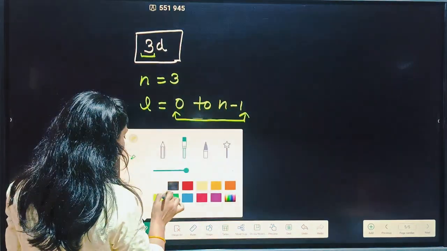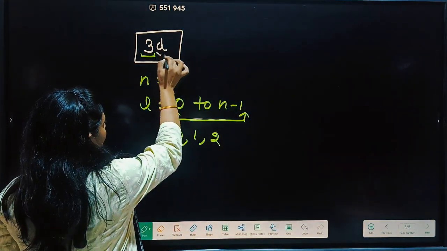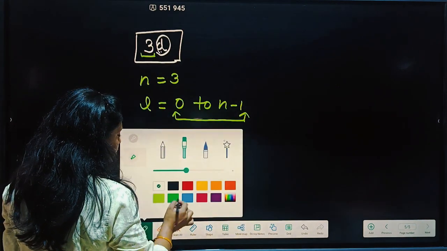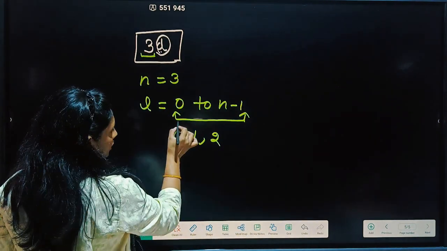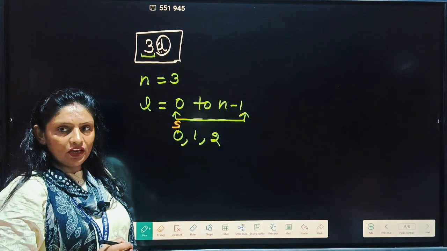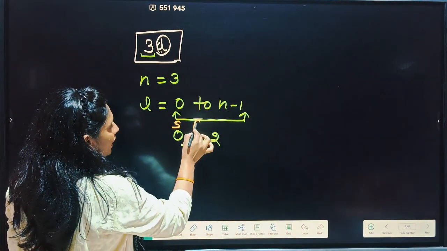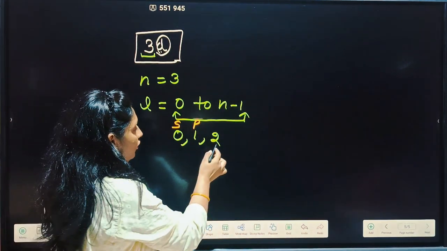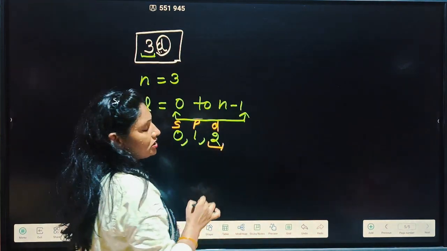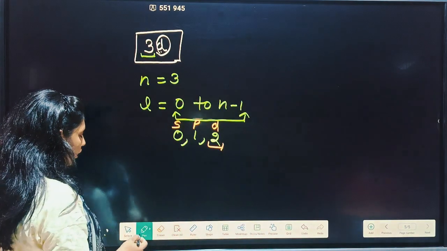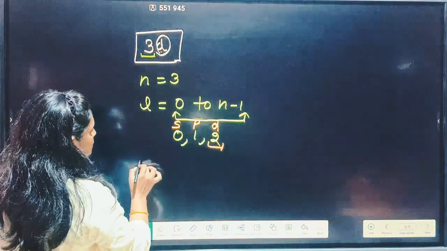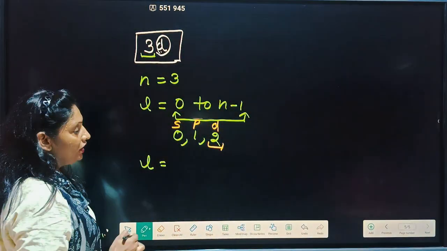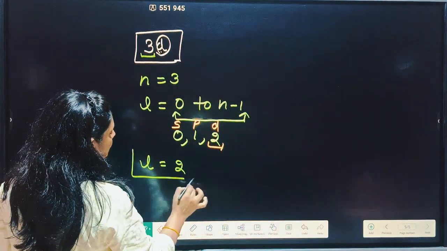But you know very well students, for d this value is 2. For s, the value of l is 0. For p, the value of l is 1. And for d, the value of l is 2. So here you will take only one value because it is a d orbital. So the value of l will be 2.